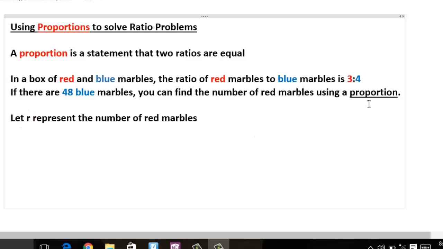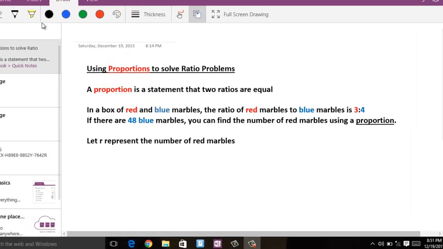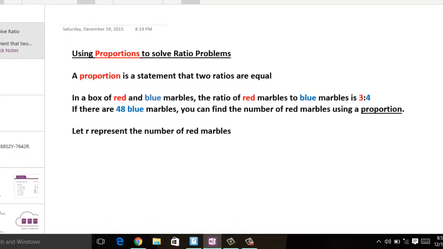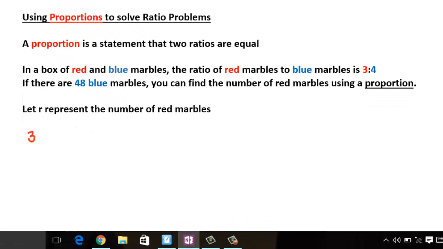So let's create the proportion now. I'm going to respect the same order with the same color. So we said 3 to 4, 3 is red, 4 is blue. With the same order, we are going to represent the same thing. Do I have the number of red marbles?